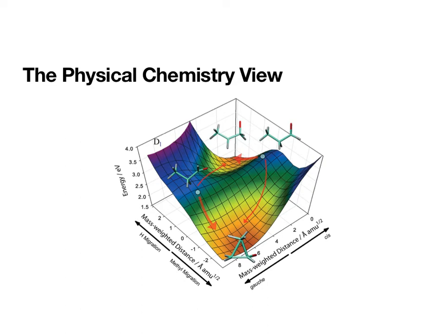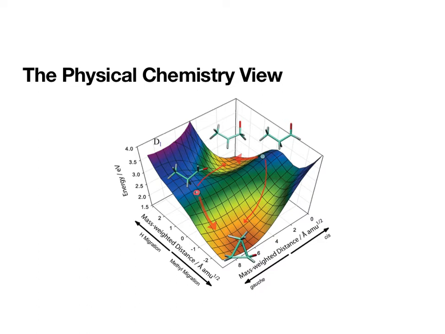The P-Chem view thinks about these reaction surfaces a bit more. And so I pulled a reaction surface from a fairly complicated reaction. And this is working to illustrate a point. I'm not going to go into the details of this reaction surface.